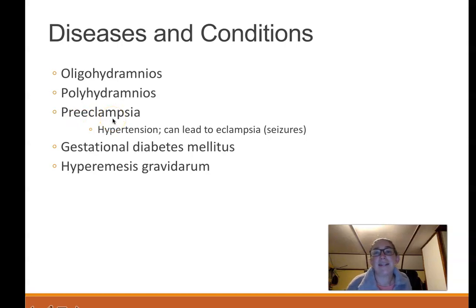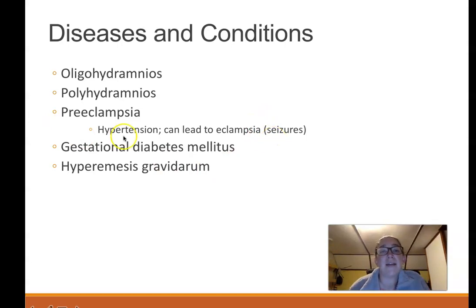Preeclampsia is a very serious condition that's fairly common and closely monitored. It's a condition of high blood pressure and protein in the urine, and it's a pre-indicator of a condition called eclampsia, which is seizures during pregnancy that can be fatal. And so if women develop preeclampsia, they're monitored very closely to make sure they don't develop eclampsia.